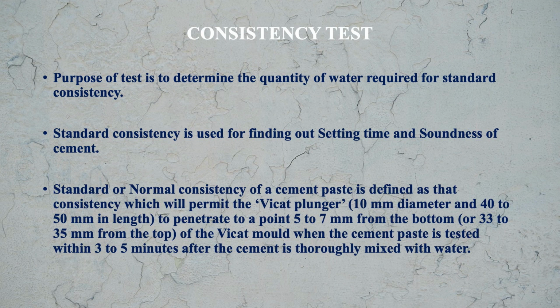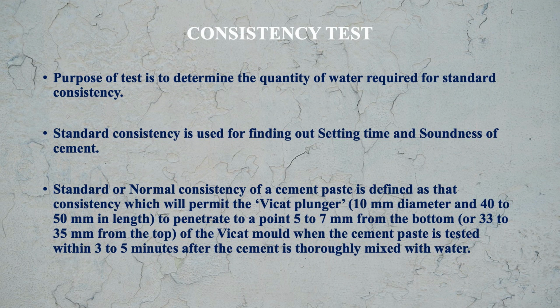Now the standard or normal consistency of a cement is defined as that consistency which will permit the Vicat plunger, which is 10 mm diameter and 40 to 50 mm in length, to penetrate to a point 5 to 7 mm from the bottom or 33 to 35 mm from the top of the Vicat mold when the cement paste is tested within 3 to 5 minutes after the cement is thoroughly mixed with water.